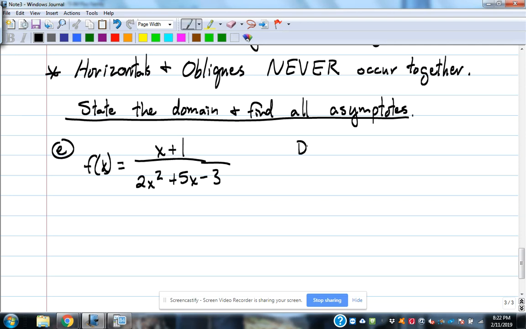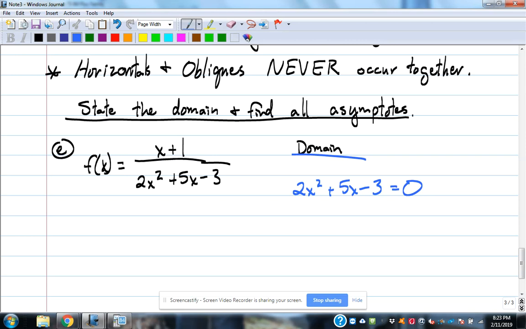So to find the domain, you've got to take the denominator and set that equal to 0. So 2x squared plus 5x minus 3. Set it equal to 0, and we're going to use factoring to solve that. Because we know we're going to use that factoring to simplify if possible.